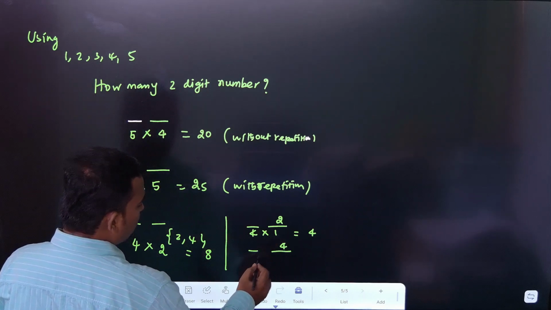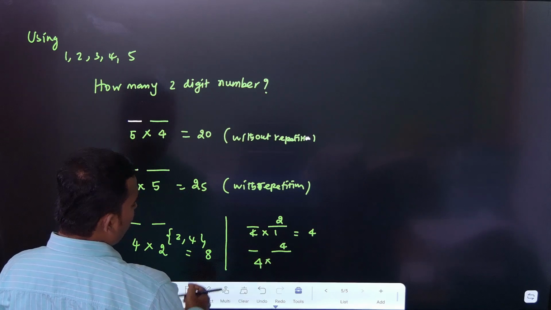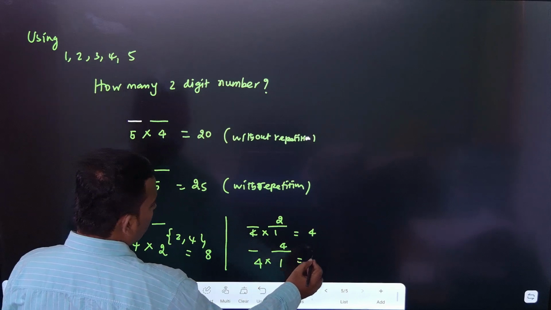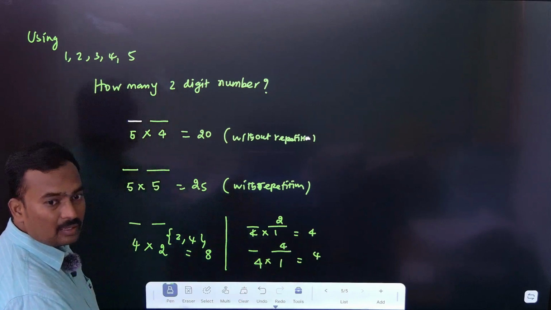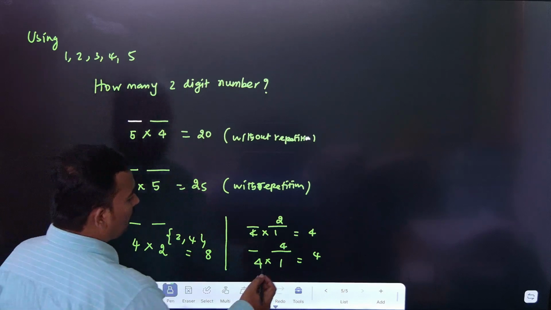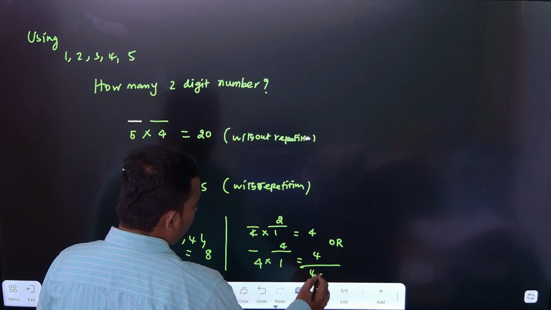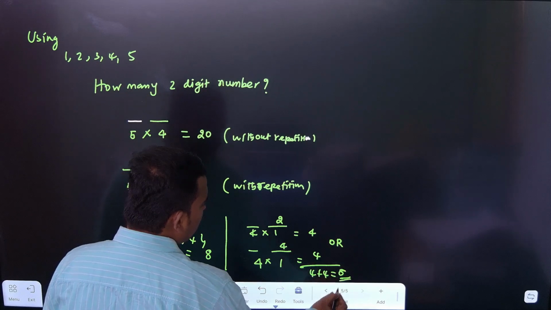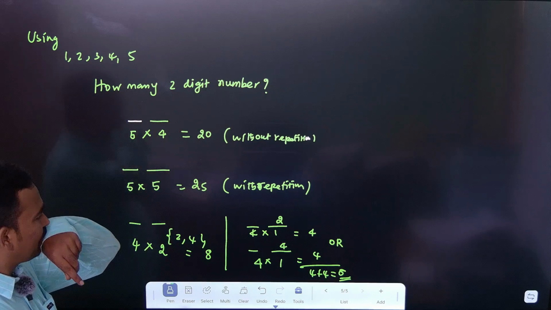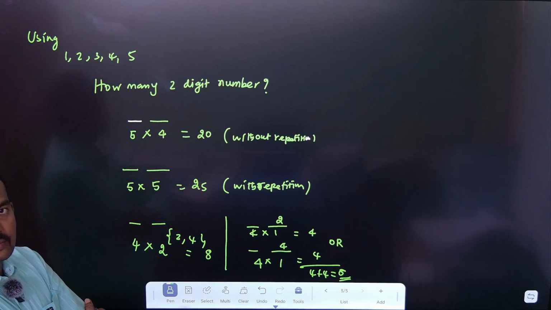So here 4 is fixed, and there are 4 possibilities for the 10th place. 4 into 1, that is 4. So either 2 or 4 we need. Whenever there is an 'or', you have to add. 4 plus 4, so 8 2-digit even numbers are possible, right? Understand? Okay.